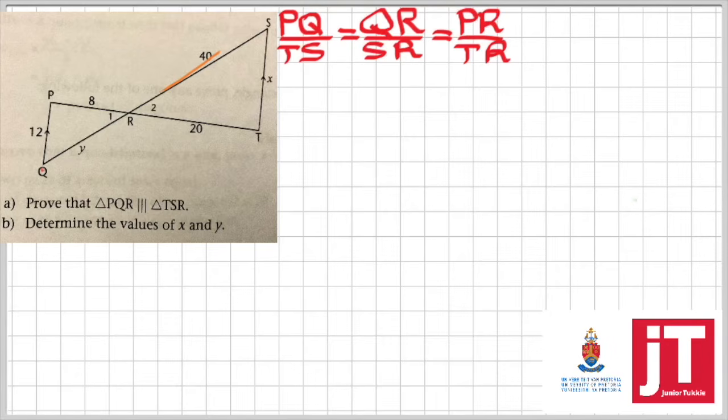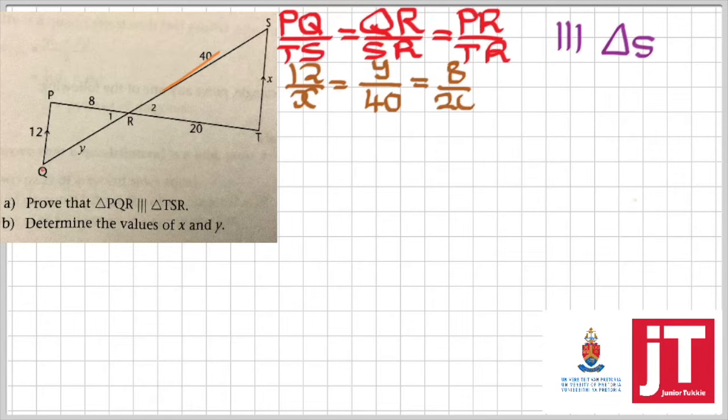And that statement is supported by the proven fact from A that we're dealing with similar triangles. Now I can make a substitution there of all my known values of my sides. So PQ, for instance, is 12, so I can say 12 over x is equal to y over 40, and that should be equal to 8 over 20.